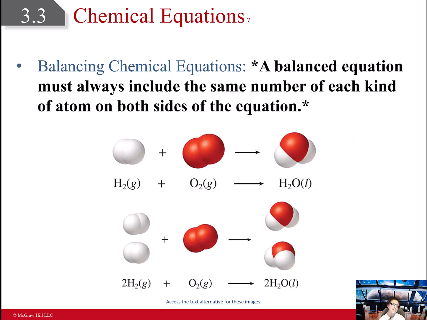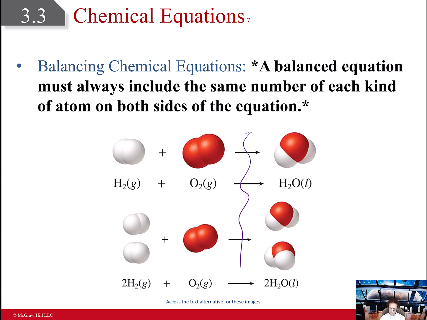So when we have equations, we have to be able to balance them, because remember, we can't create or destroy matter, we can only rearrange it. And so the balanced chemical equation must have the same number and kind of elements on each side of that arrow. Okay, so here's our arrow.